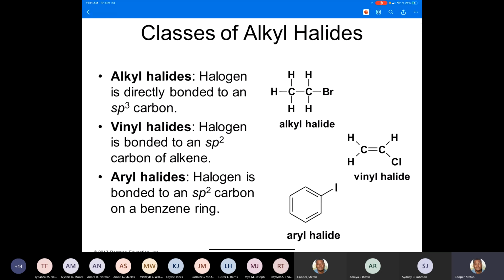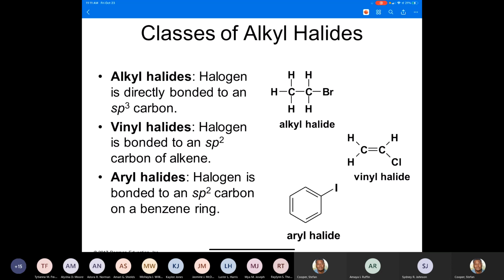Very important is to recognize the difference between alkyl halides and vinyl and aryl halides. I don't have my laser pointer here, but if you look at the first structure, the alkyl bromide, there are all carbon-carbon single bonds, and the carbon that has the bromine is involved in single bonds to everything else. So that's your alkyl halide.